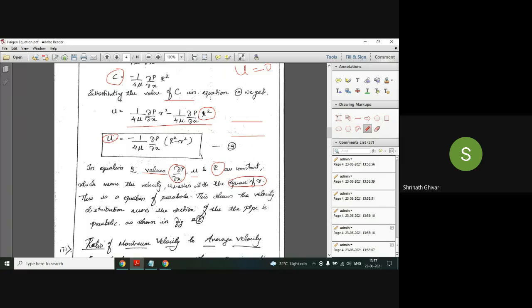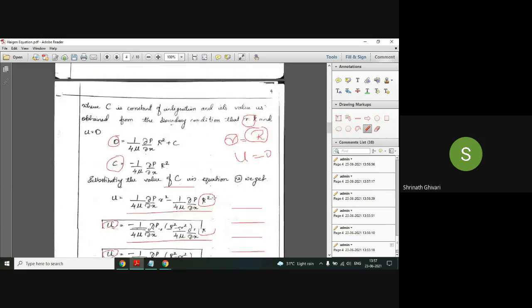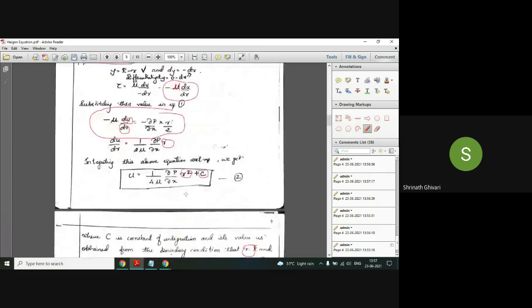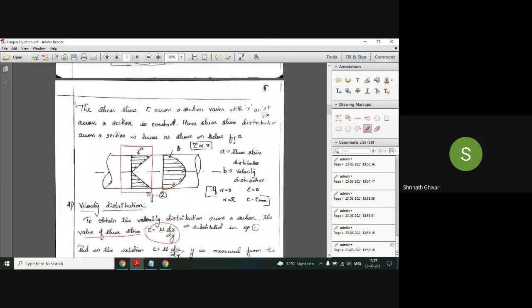So this gives an equation of a parabola, y equal to 4ax square. So y is u, x square is r square. So that is shown, the velocity distribution is shown here. So first one, A, was the shear stress distribution, and the second one, B, is the velocity distribution.